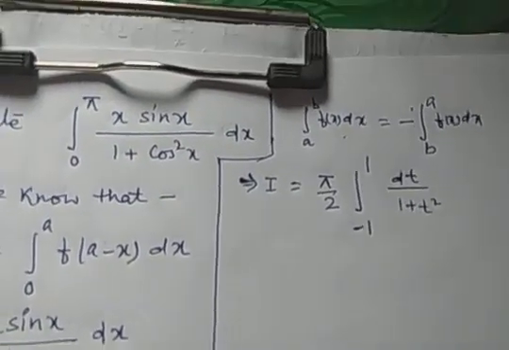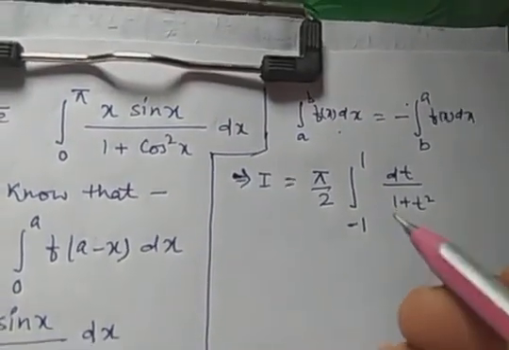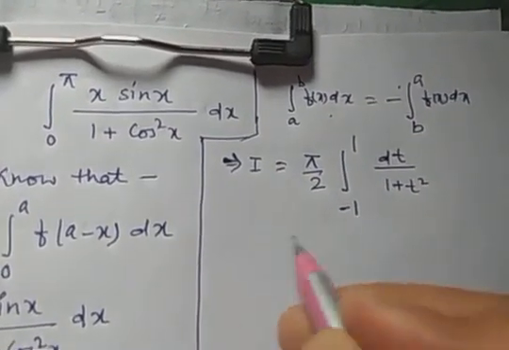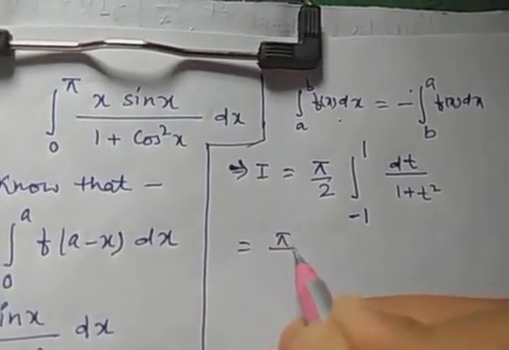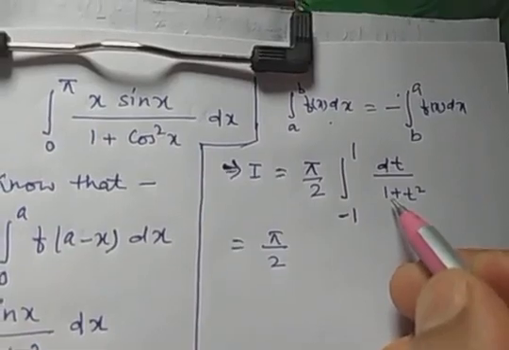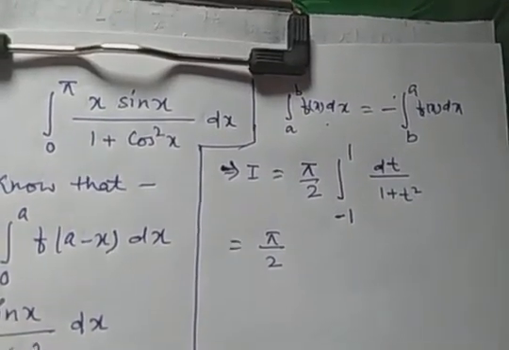Okay. Now since here students, I is equal to pi by 2 of 1 upon 1 plus t square.